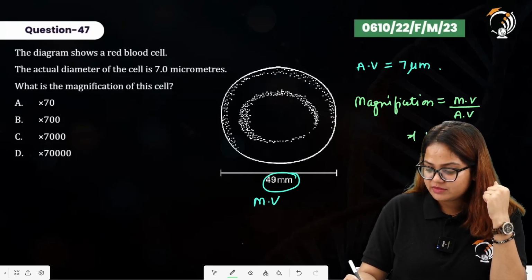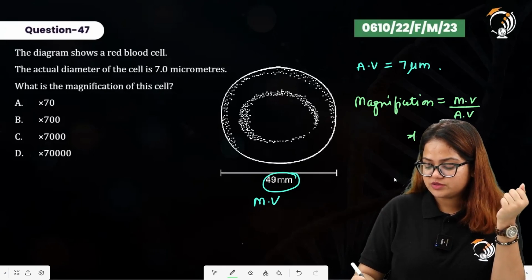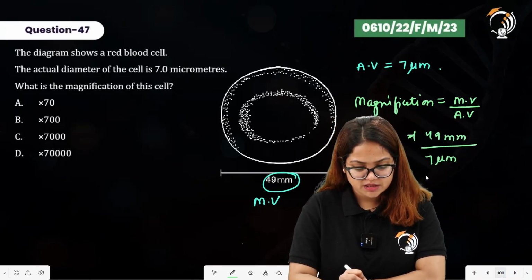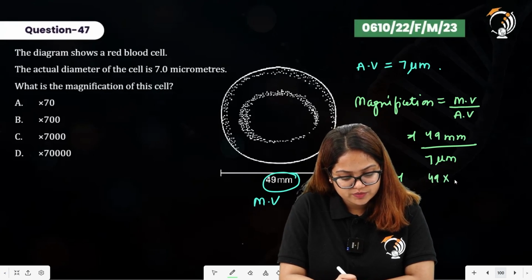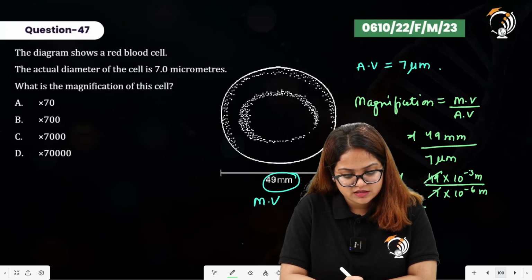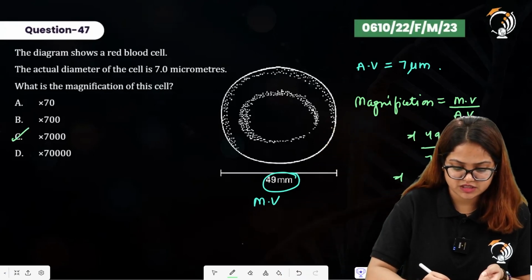The magnified value is 49 millimeter and the actual value is 7 micrometer. So we convert the units: 49 into 10 to power minus 3 meter divided by 7 into 10 to power minus 6 meter. This is 7 into 10 to power 3, that is 7,000 times. Option C is the right answer.